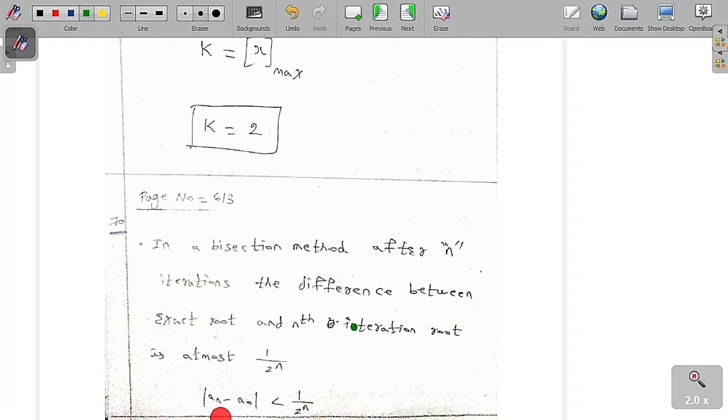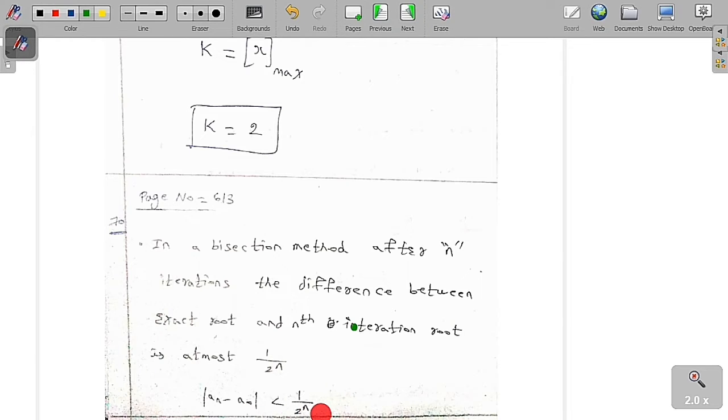So magnitude of an minus a0 is less than or equal to 1 by 2 to the power of n. So we can say that here an is called the nth iteration root and a0 is called the exact root. The difference between them is at most less than or equal to 1 by 2 to the power of n.